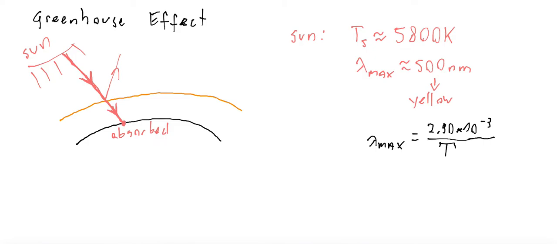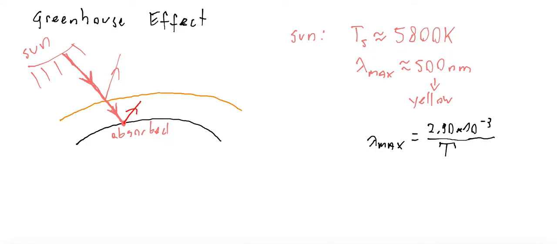Due to this radiation, Earth is heated up. Do you remember the temperature of the Earth is more than 250? In reality, it is more than 280 kelvins. So Earth also absorbs and re-emits this radiation. Earth is heated up and emits this radiation.